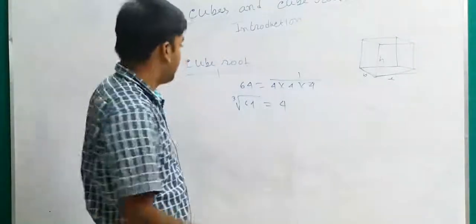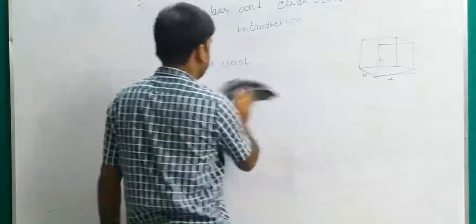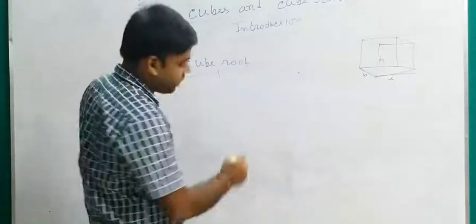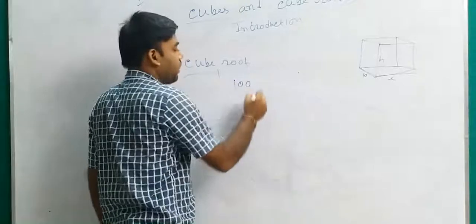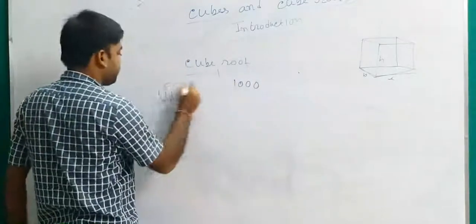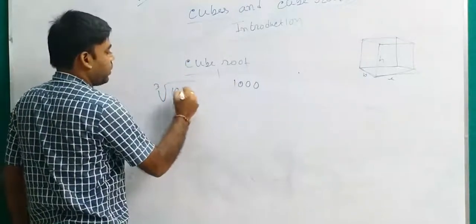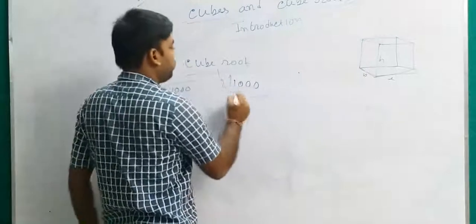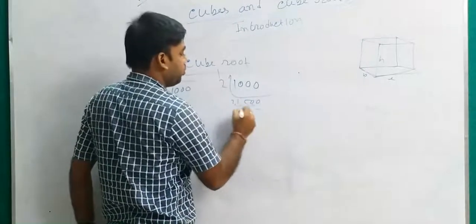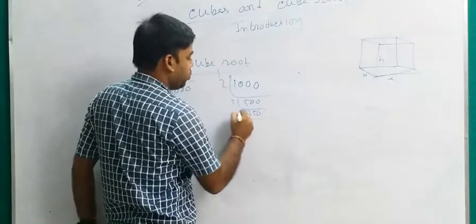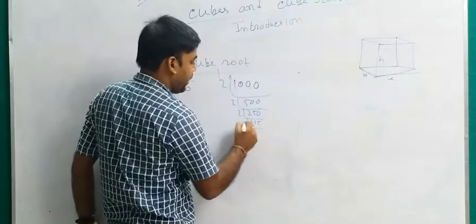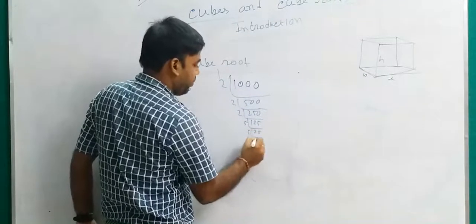So the cube root of 64 is 4. Next, 1000. Find the cube root of 1000. First we have to factorize it: 2, 500, 2, 250, 2, 125, 5, 25, 5, 5.